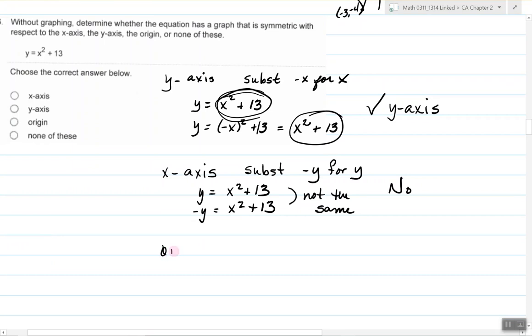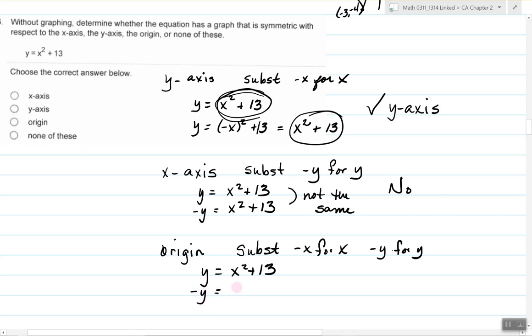Origin, you substitute negative x for x and negative y for y. So I start with y equals x squared plus 13. Is negative y equal to negative x, quantity squared, plus 13?